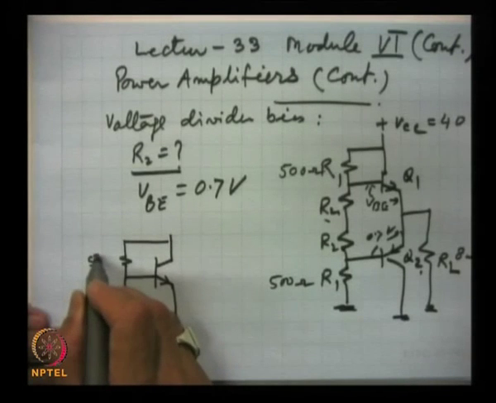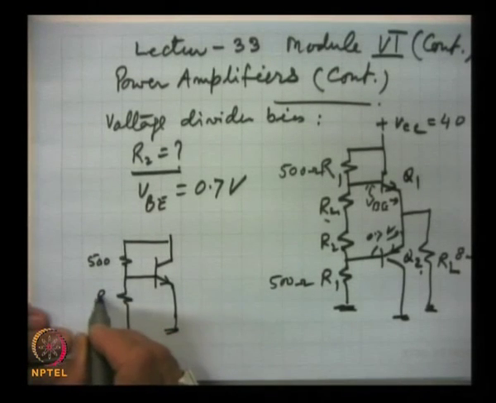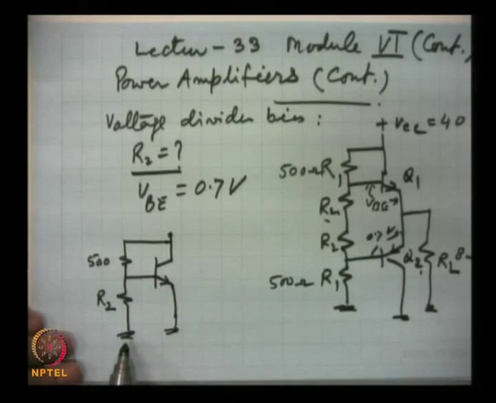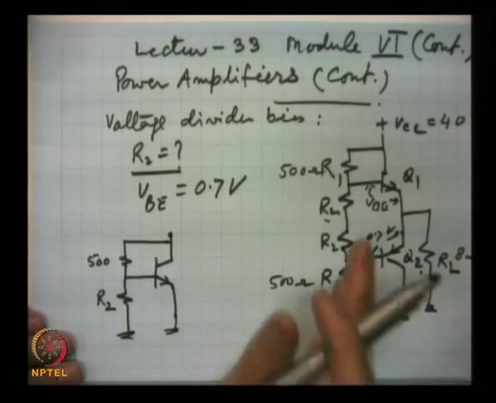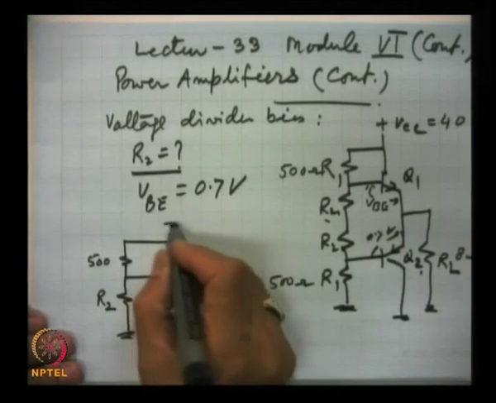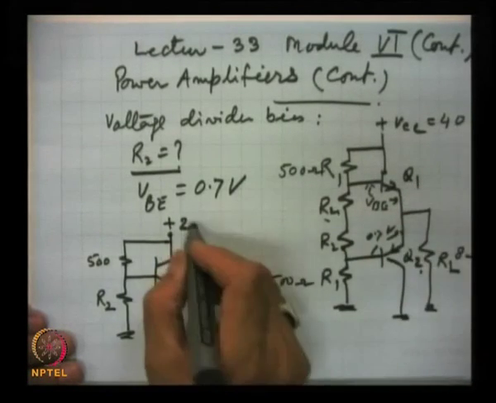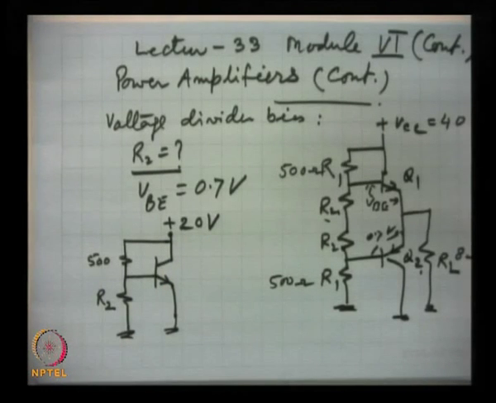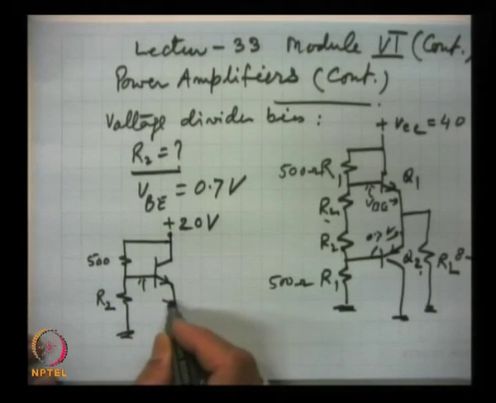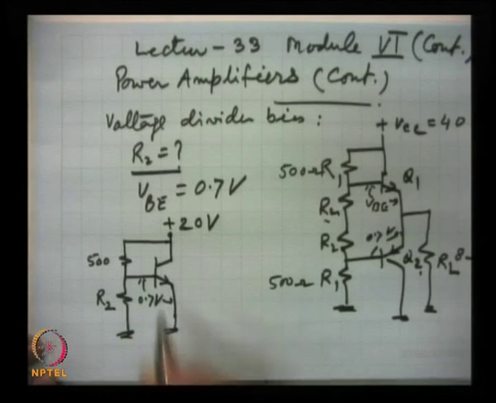This is 500 ohms, this is R2, and because I am taking half a circuit, from 40 volts it will be half of that, 20 volts. We have to find out the value so that this voltage is 0.7 volts.